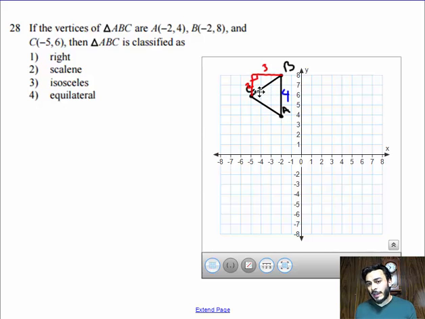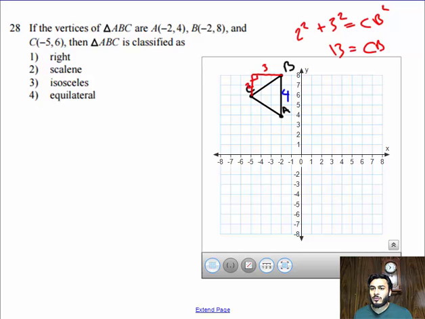You could see that CB is a hypotenuse of this red right triangle I just formed here. So I get 2 squared plus 3 squared equals CB squared. I'll get 4 plus 9. So then I'll get 13 equals CB squared, square root both sides. The length of CB is radical 13.